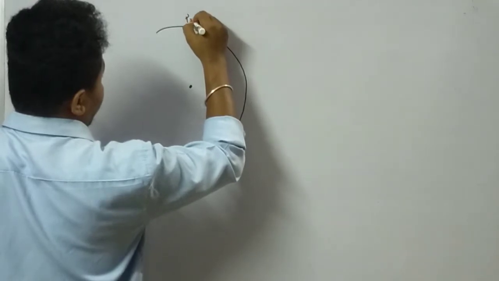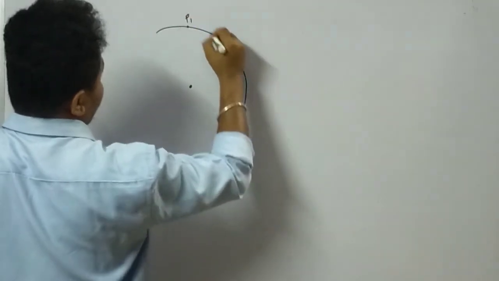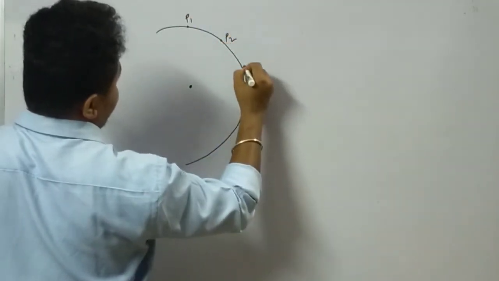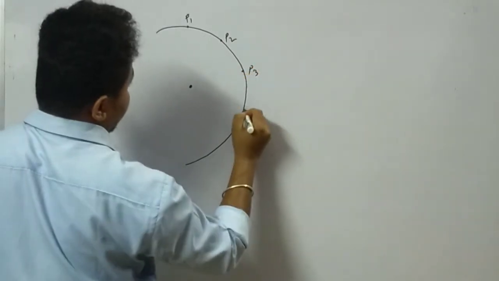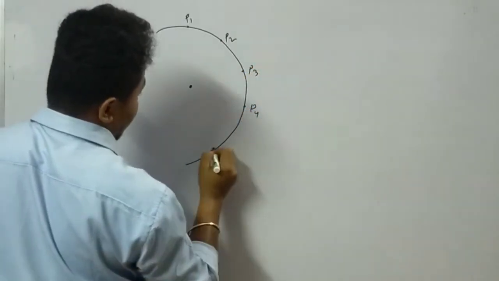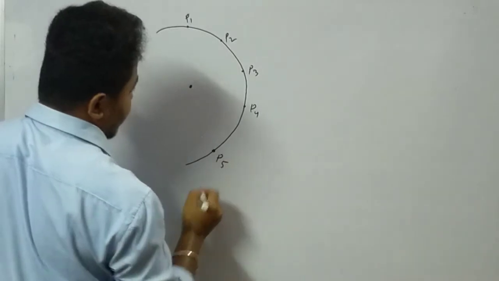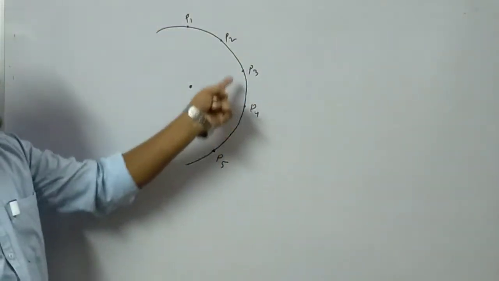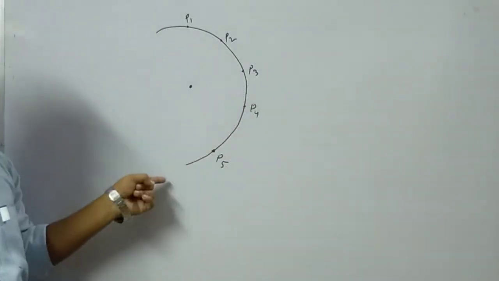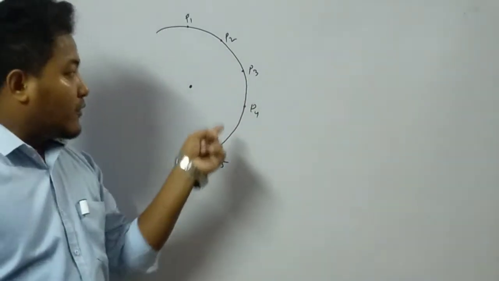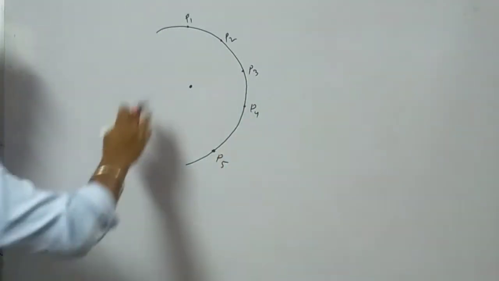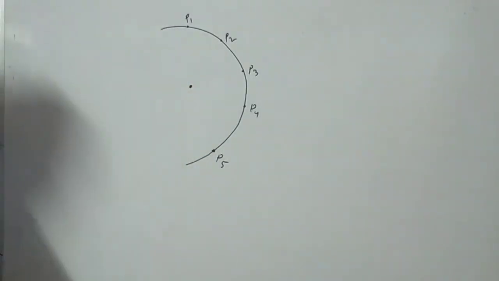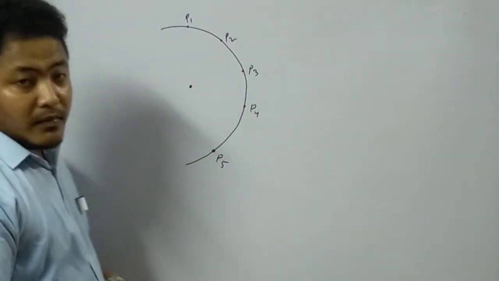Suppose this is particle P1, this is particle P2, this is particle P3, this is particle P4, and this is particle P5. These are some particles of the preliminary wavefront. Yes, this is the preliminary wavefront for this particular point source.